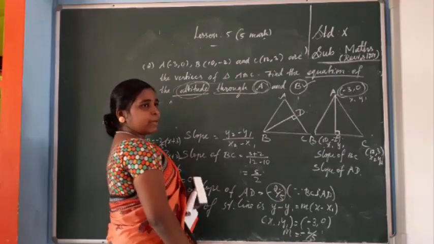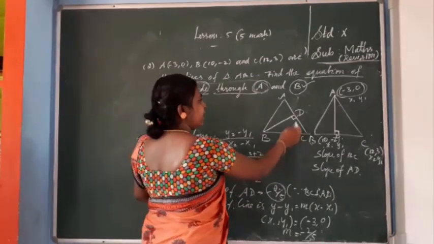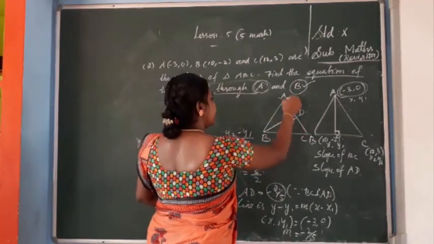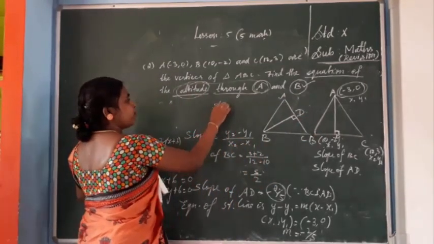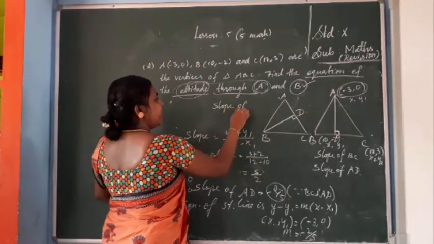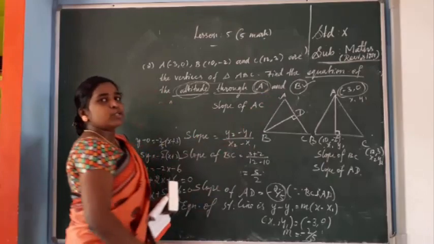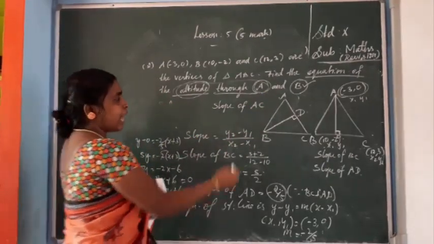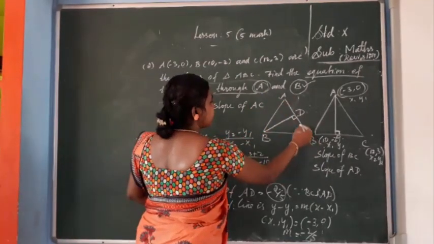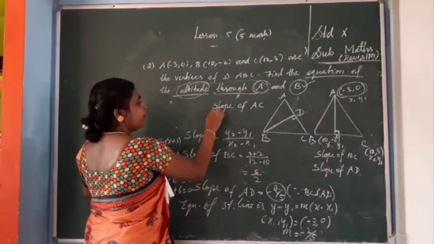So what are the steps here? It's an easy one here also. D is on line AC, isn't it? So first you have to find the slope of AC. After finding the slope of AC, you have to find the slope of BD.